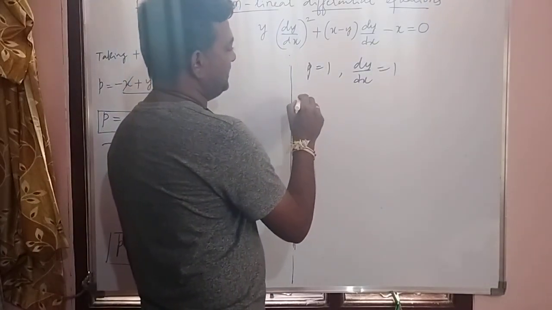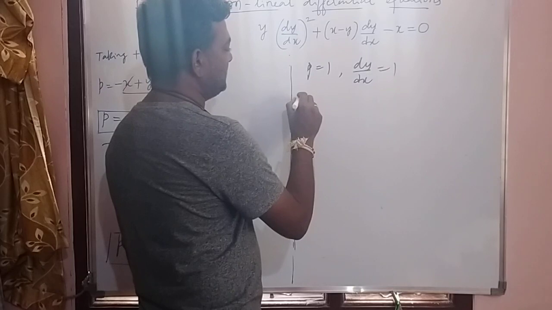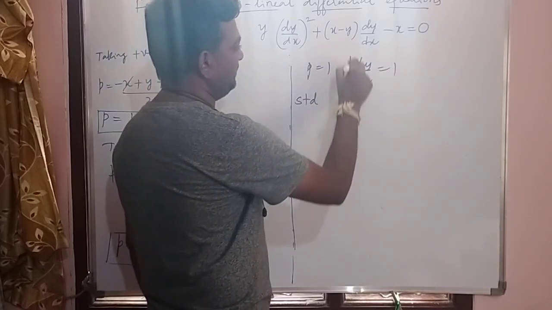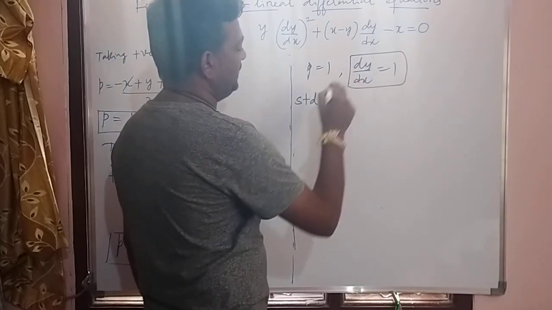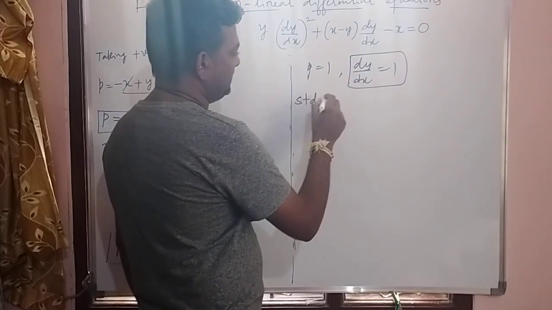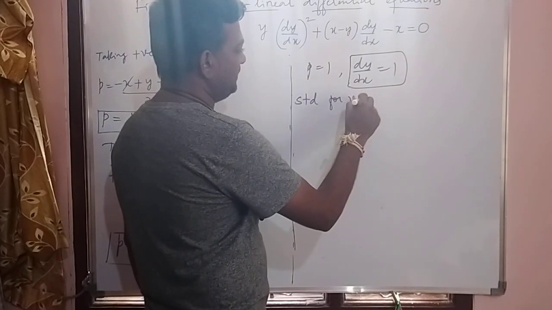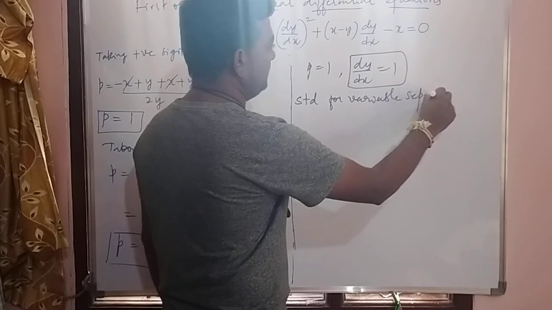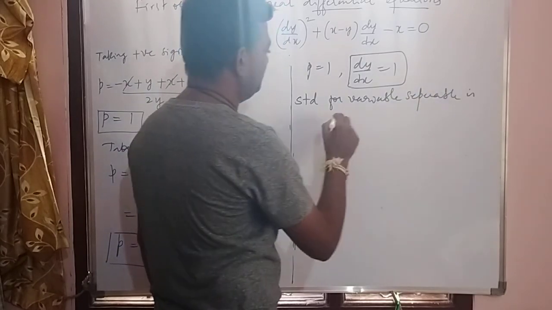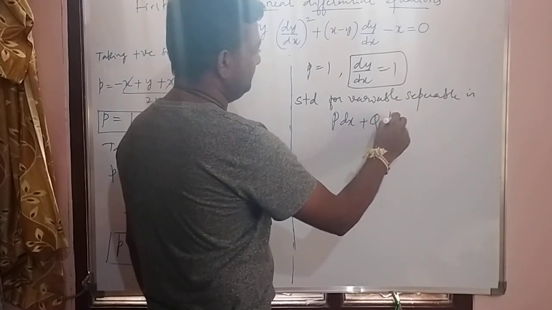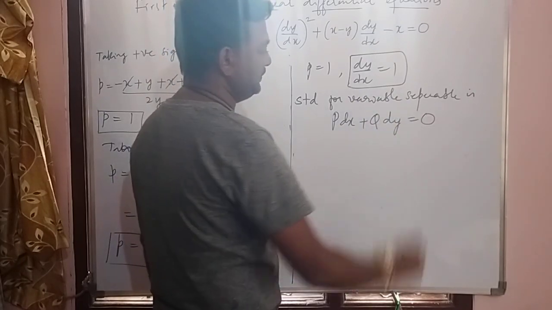So we try to express it in variable separable form. What is the standard form of variable separable? Standard form of variable separable is P dx plus Q dy is equal to 0.